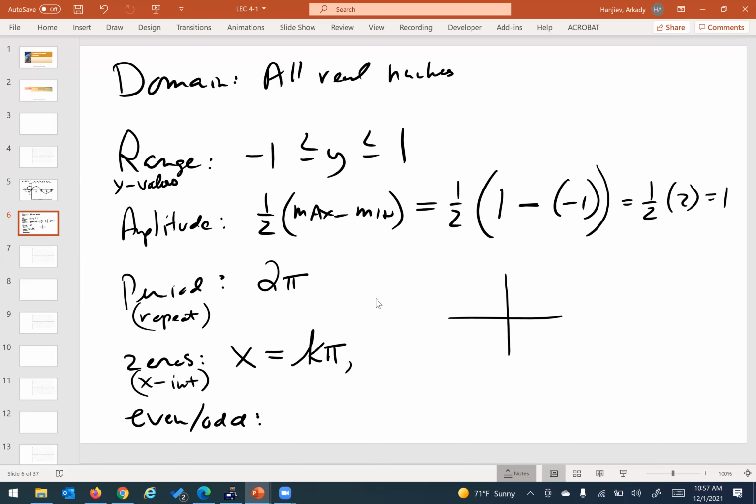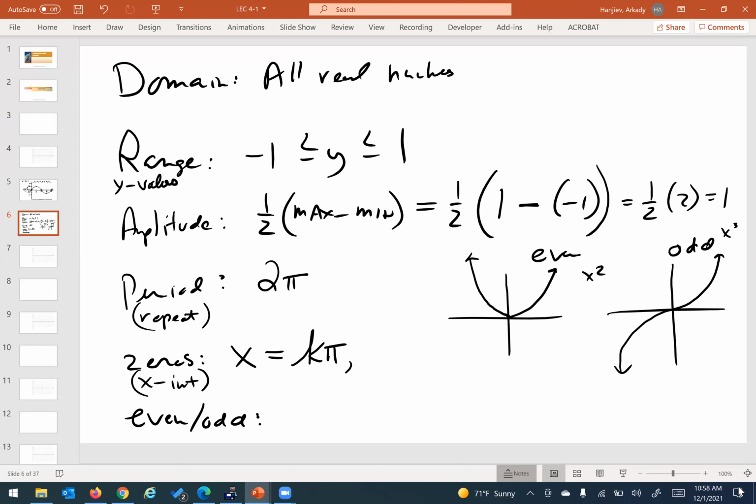So an even function, the common even function is x squared. What we call an even function is the fact that if I fold it right across the y-axis, it's going to fold right on top of itself. An odd function, exemplified by x cubed, you have to fold it into quarters.